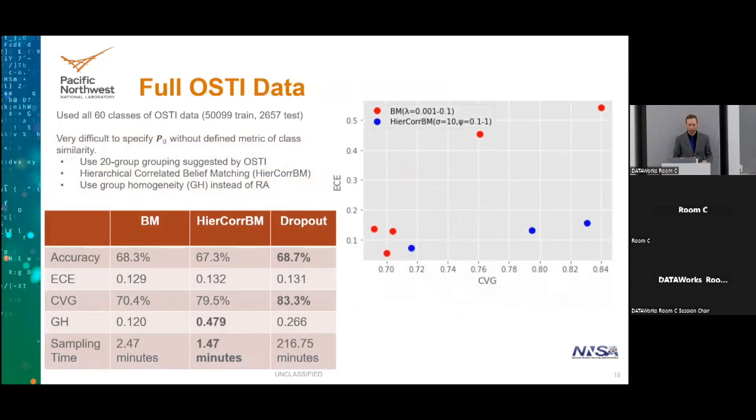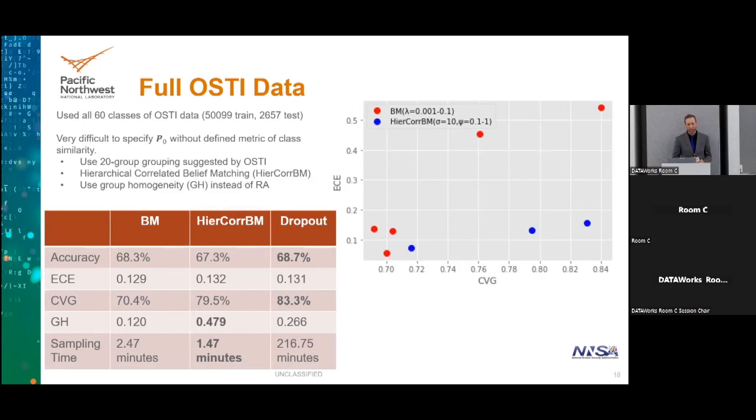We also developed a hierarchical correlated belief matching construct, which is the same idea, where all you need to do for prior specification is define a grouping structure. So these classes are part of a group. And thankfully, the OSTI labeling system also provides that. It has the top level categories and then the subcategories.